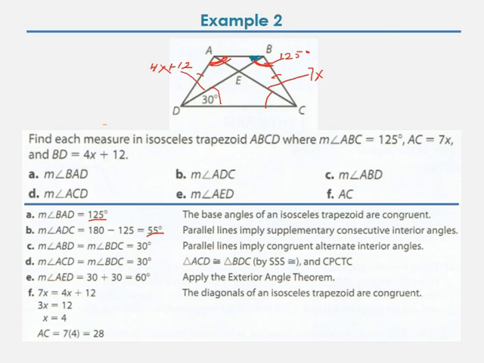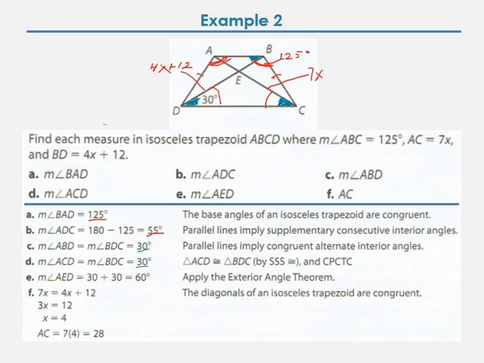We know that the whole angle is 125. ABD is congruent to BDC. How do we know that? Well, these are parallel lines. They're alternate interior angles. So BDC would be 30 degrees.